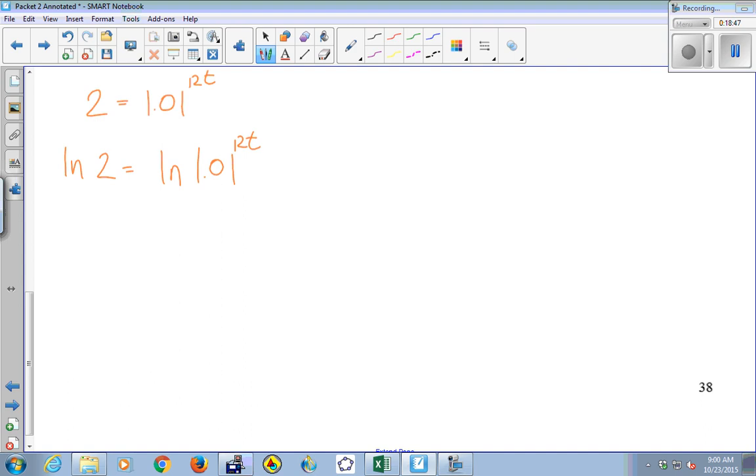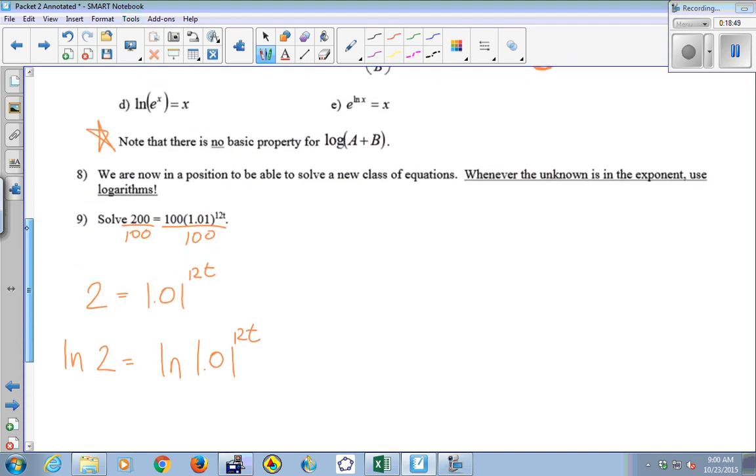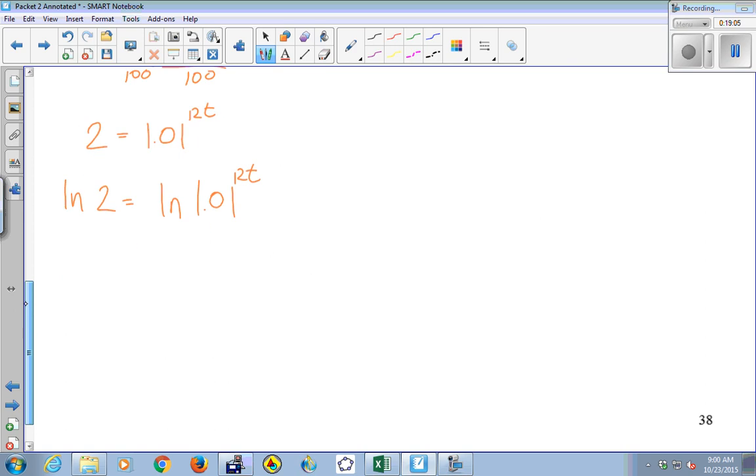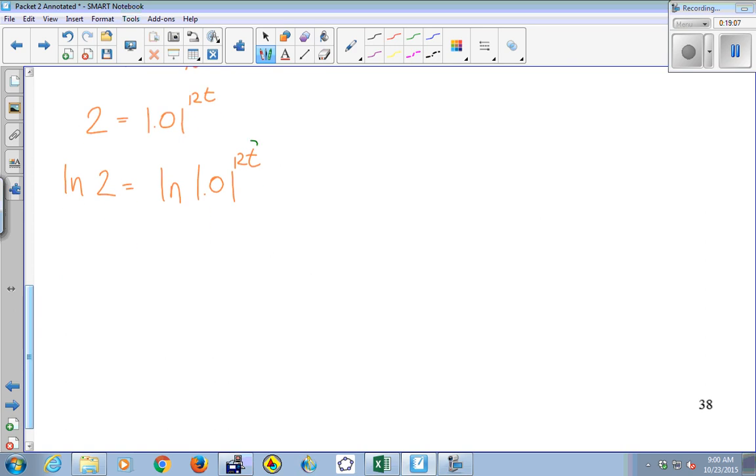All right, and then the reason that that's helpful is because of this third property. Now I'm taking the log of something to a power. So I'm allowed to take that power off of the exponent and put it down in front of the log. So I'm allowed to just take this 12t that's in the exponent, pop it down in front of the log.